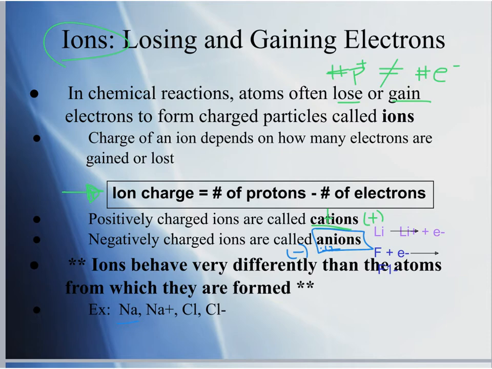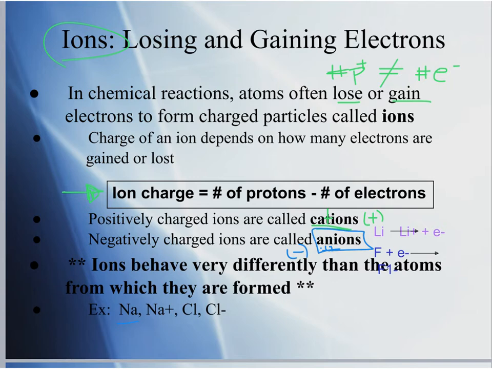Sodium as a neutral atom is a metal, like a legit, look outside and look at your car, metal. But as soon as sodium loses an electron, he doesn't have those metallic properties anymore. It's not shiny, it's not hard or anything like that. His ion behaves and looks very differently.